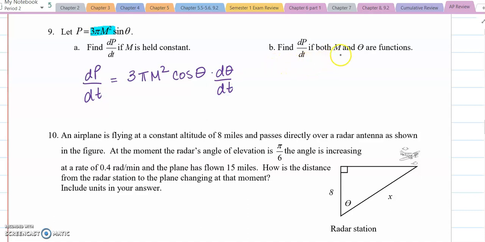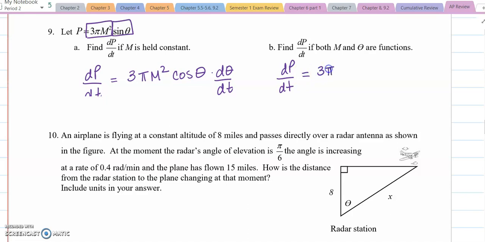In part B, m and theta are both functions, and so this is no longer just a constant. 3 pi is a constant, and that can be factored out. Or you could treat this as the first function times the second function. It doesn't matter how you approach it because you'll get the same answer. So because you have two different functions here, you're going to have to use product rule.